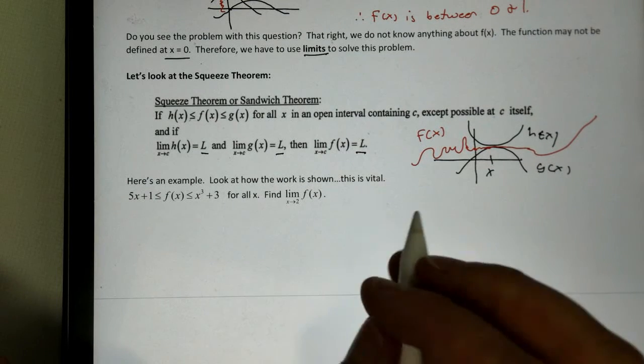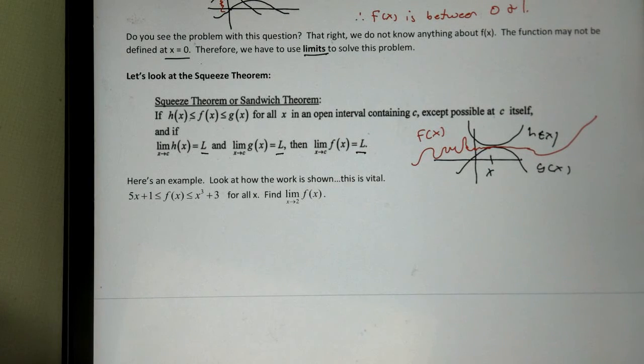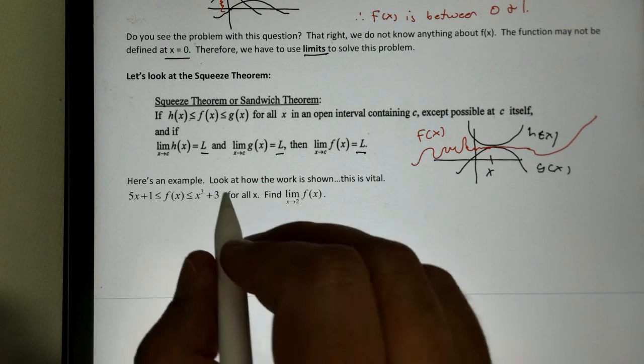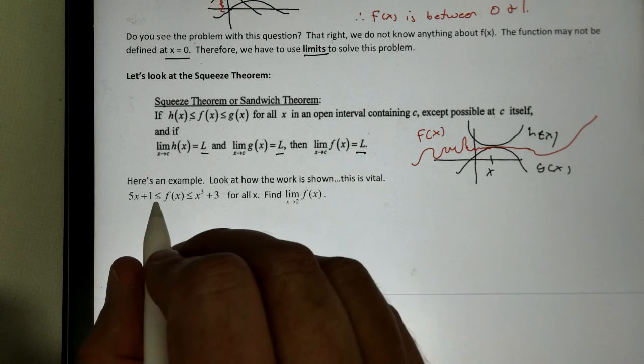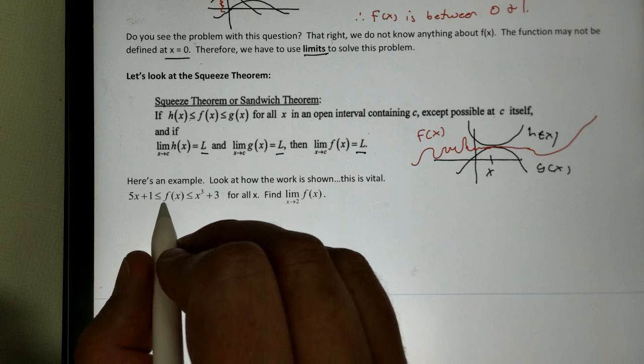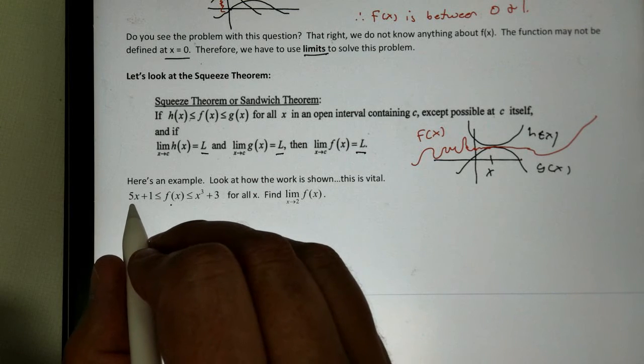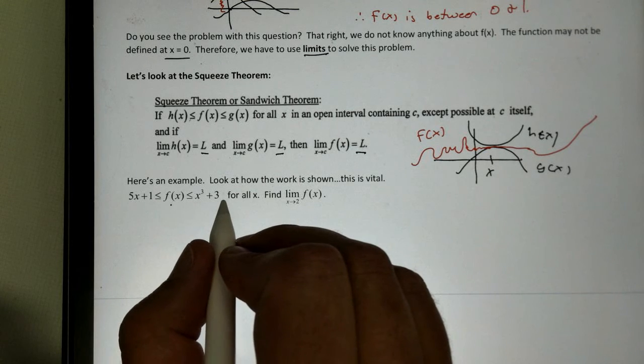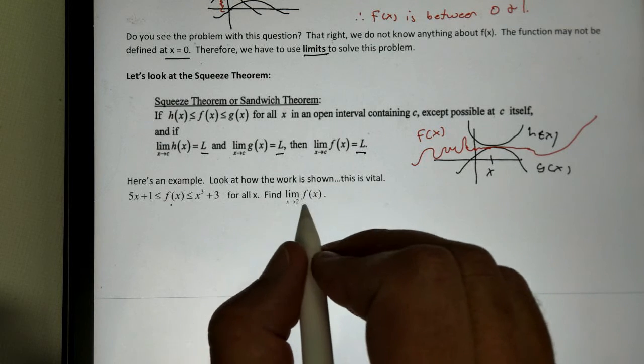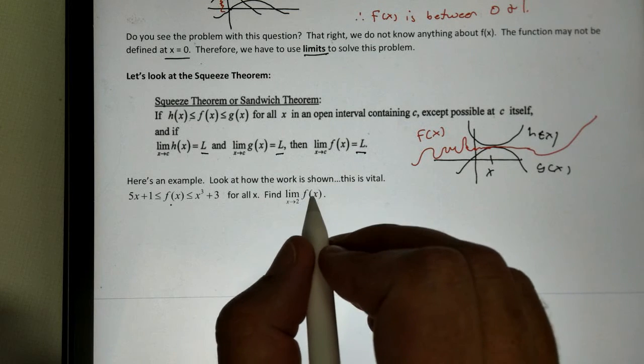You have to show your work. On the AP, this is worth 2 or 3 points. So let's see how it works here. We're given a function. We know f of x is between 5x plus 1 and x cubed plus 3. We want to evaluate the limit as x approaches 2.